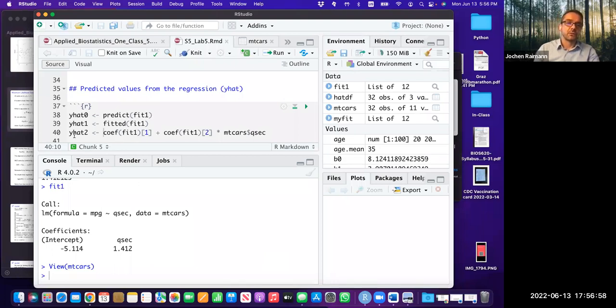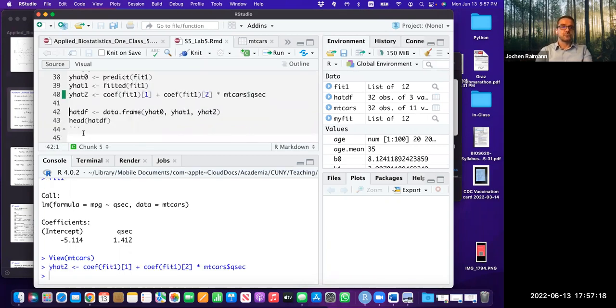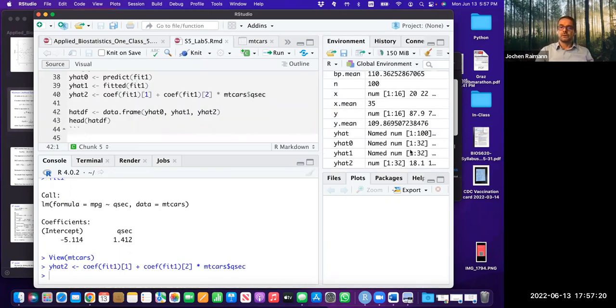So now calculating y hat 2 for each individual car is coef fit 1 plus coef fit 2 multiplied by the individual observation for each of the cars. So adding this up will then in essence get you a vector, which is y hat 2, which is here 1 to 32. So we can look at this.